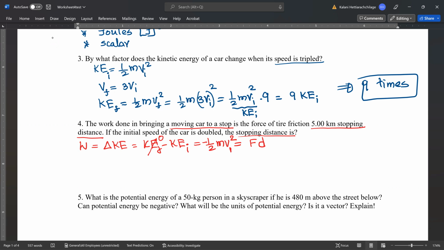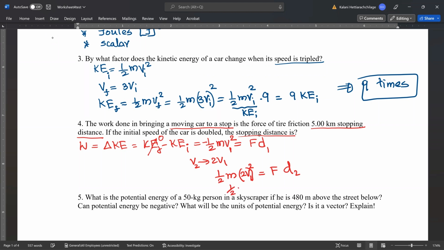In case number 2, your D will definitely change because you double the velocity. When you double the velocity V, it changes into twice V1. Let's write this as the second velocity. Then what will happen? Half mass times twice the velocity, squared, is equal to force times your new distance. You did not change the force, right?